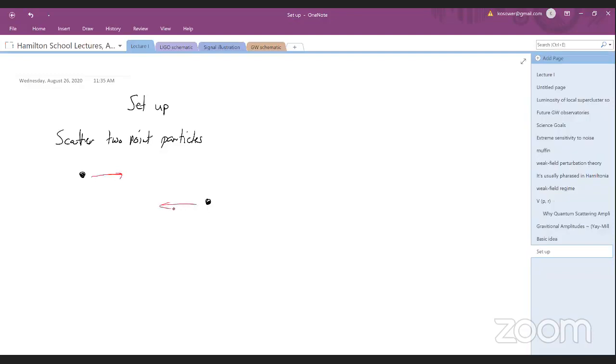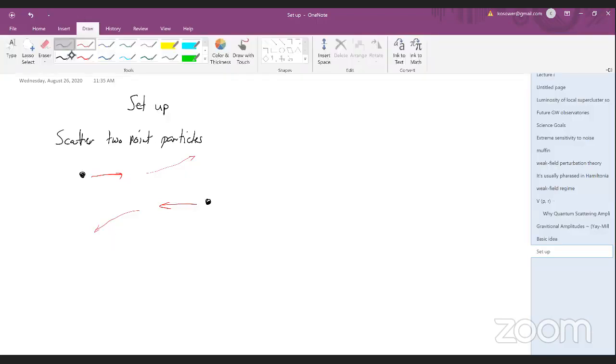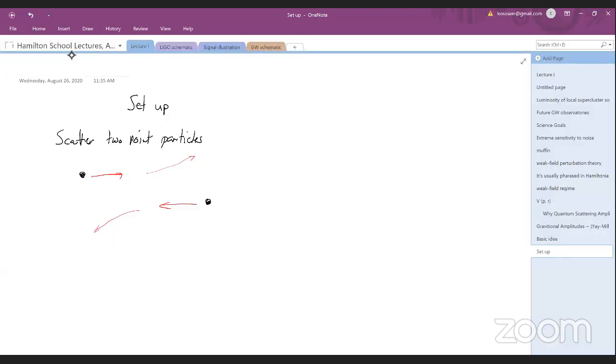Of course, under the influence of the force, there's ultimately going to be a deviation, and there will be a scattering angle. And there's going to be some impact parameter. We're not going to shoot them head on at each other. And that impact parameter, for some historical reason, is usually called b.